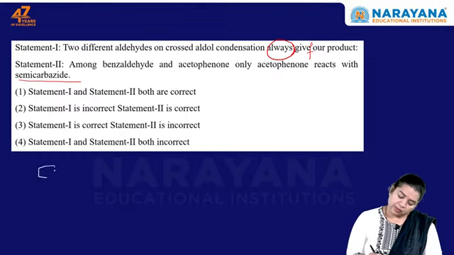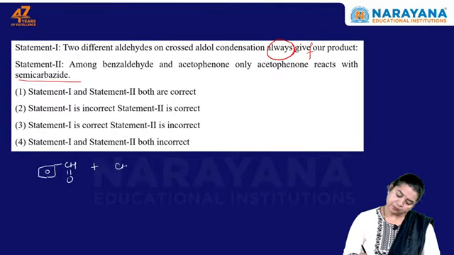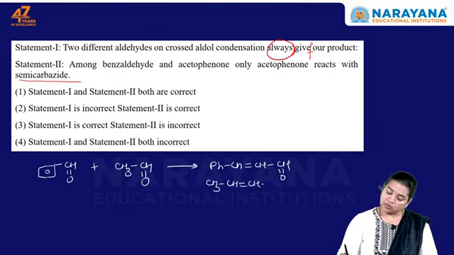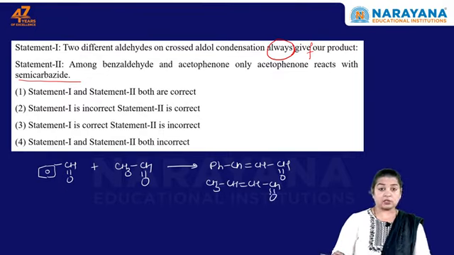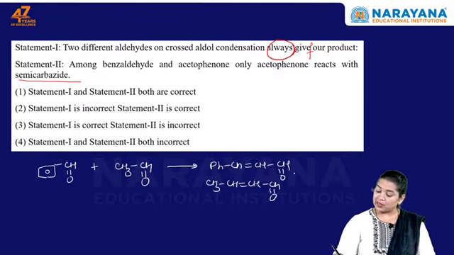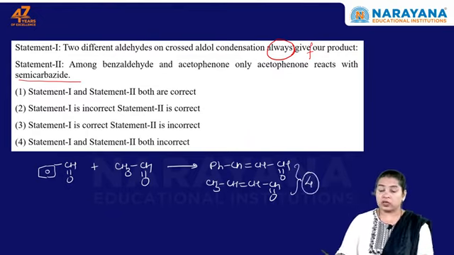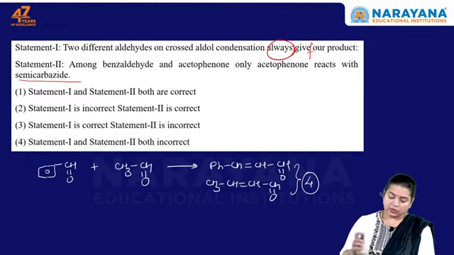Okay, so what if I have benzaldehyde and acetaldehyde combining? Now check, what will I have? PhCH=CH-CHO, yes. CH3CH=CH-CHO, yes. If I consider geometrical isomerism in these two, I can say I'm getting 4 products. If they are not considering it, they will take 2 products. Anyways, okay.